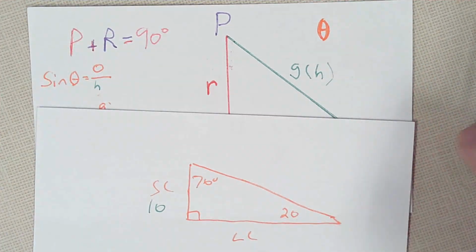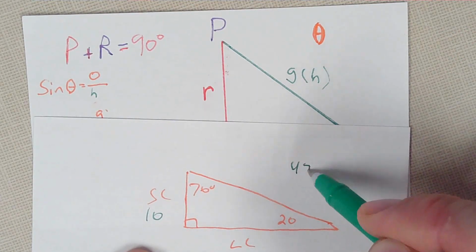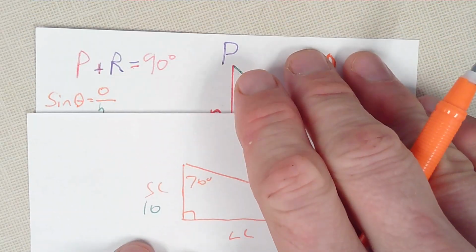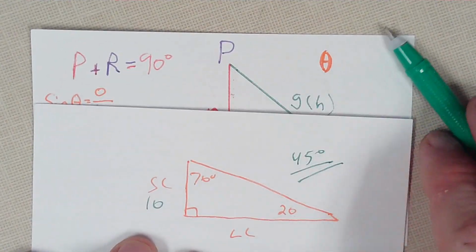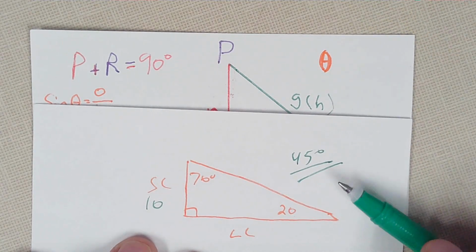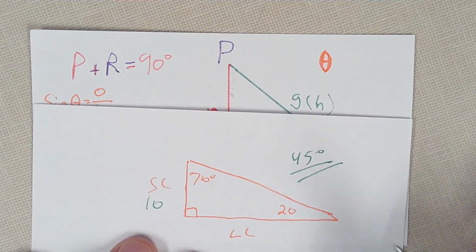Well, anything, the number you're looking at for your angles, your magic number, is 45 degrees. The tangent of an angle greater than 45 degrees is going to be greater than 1. The tangent of an angle less than 45 degrees is going to be less than 1.